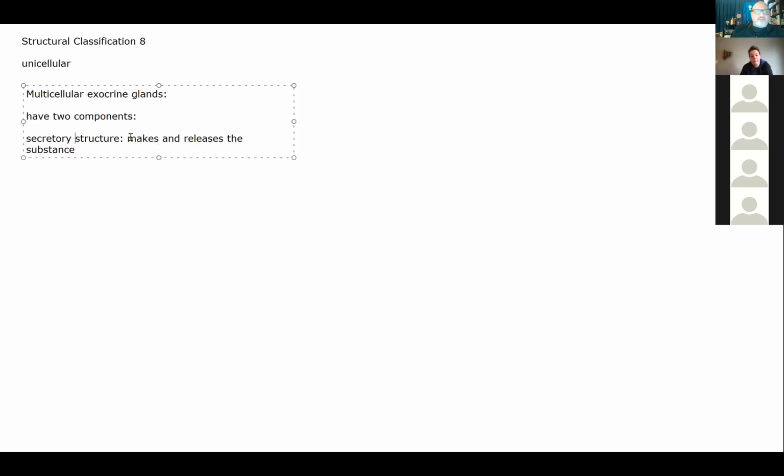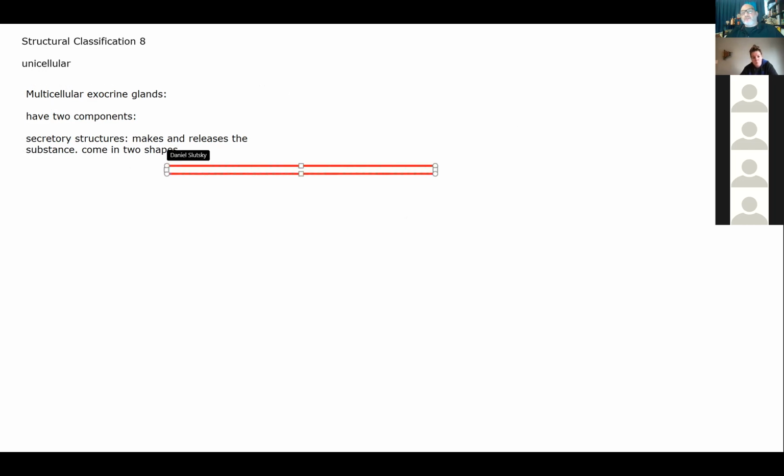These secretory structures, plural, come in 2 shapes. One of those is a very long, hollow, tube-like structure that we call tubular. The other is a big round ball-shaped structure that we call an acinus, being singular.